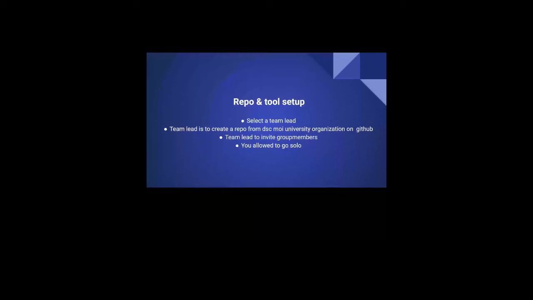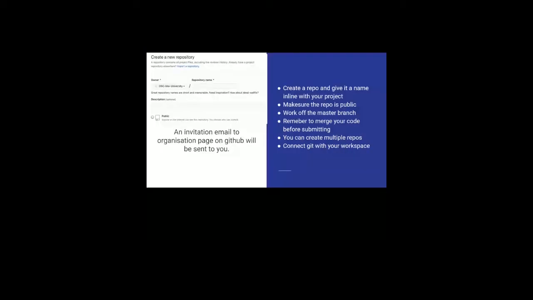Then the team lead will invite all the group members to the repo, and you can go solo, and as a solo guy, you create a repo with your name and the product you're building.